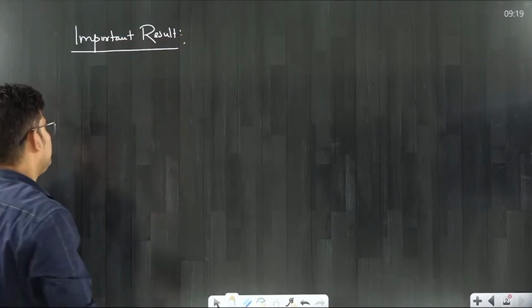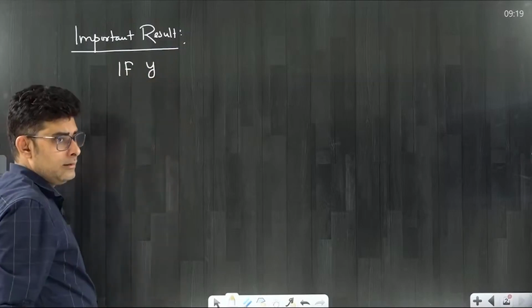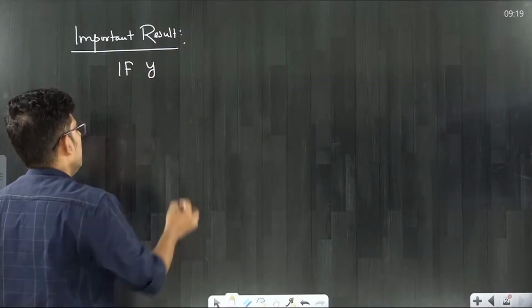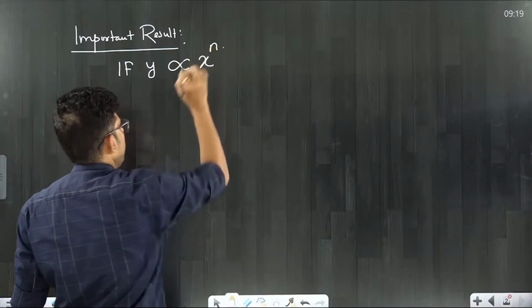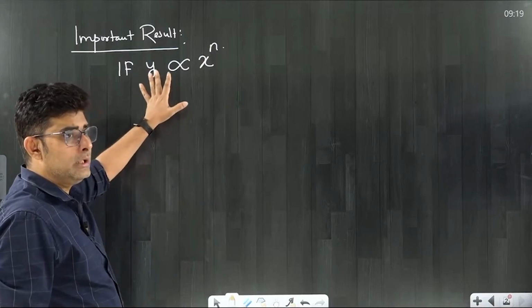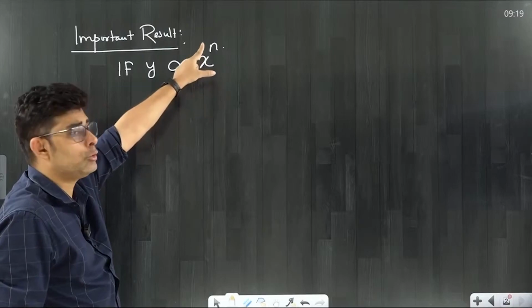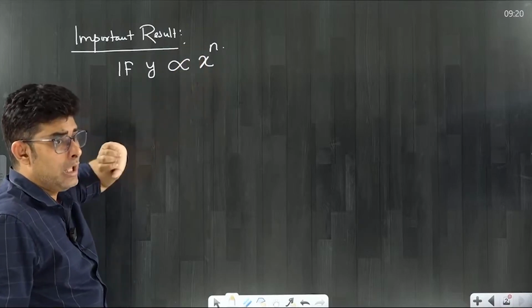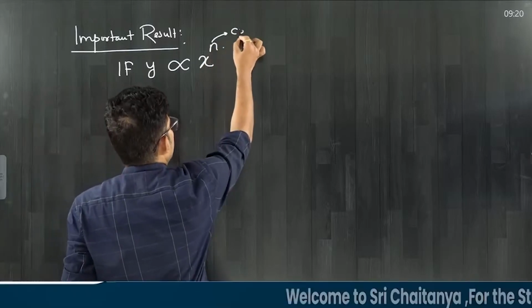What is that? Suppose y is proportional to x to the power n. Suppose y, a physical quantity, depends on another physical quantity x raised to some power n. Now this n is obviously a fixed value or a constant.